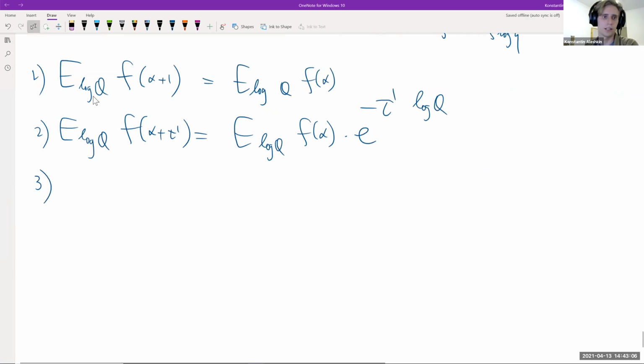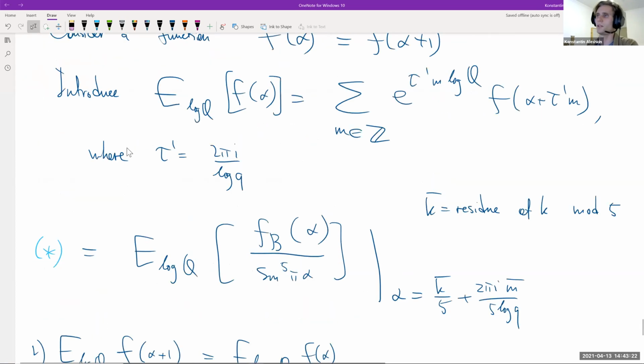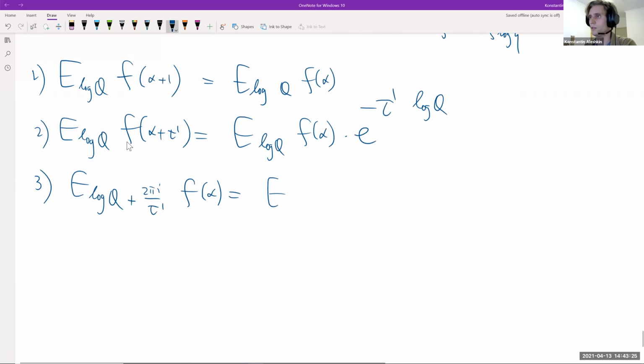And then we can shift log Q as well. If we shift log Q by 2 pi i over tau prime, these are elementary properties that are immediately read off from the expression.